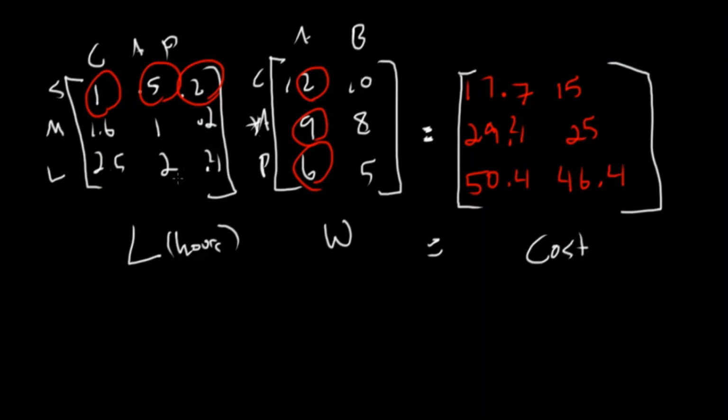Right. So what we've just done here, this is what matrix multiplication is. It is multiplying the first matrix's row and the second matrix's column pointwise. So 1 and 12, 0.5 and 9, 0.2 and 6. And you do that with every possible iteration. This is what matrix multiplication is.